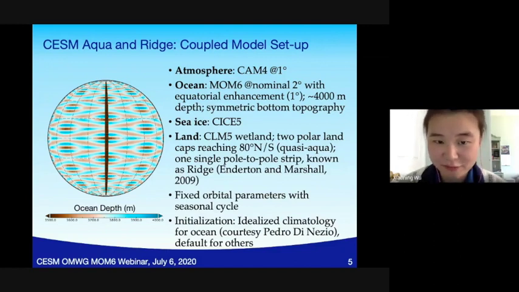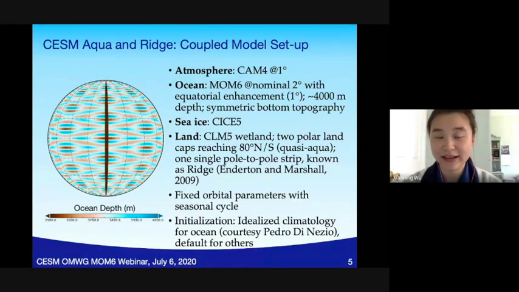For the ocean model, we are using the latest CESM component, MOM6, at nominal 2 degrees resolution and about 4,000 meters depth. We put in the bottom topography there, which is particularly important for the Aqua case. For the rest of the components, sea ice and land, we were just using the CESM default.